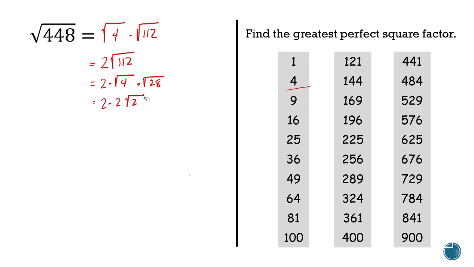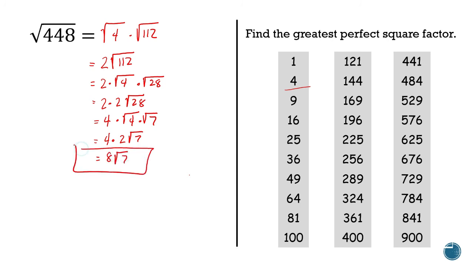Now, I think there's another perfect square factor of 28. And that is correct. It's 4. So I'm going to write the square root of 4 times the square root of 7. So this is 4 times the square root of 4, which is 2, and then the square root of 7. 4 times 2 is equal to 8 times the square root of 7.